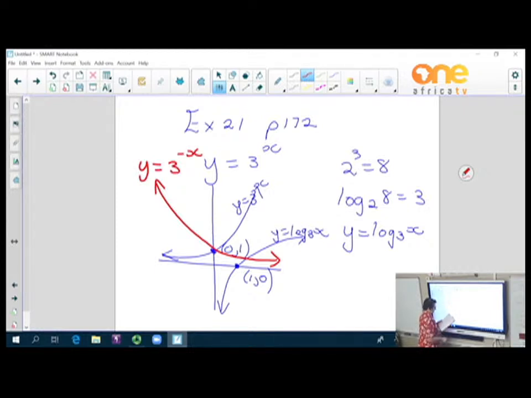And if we draw the reflection of the log graph in the x-axis, then this one will look like this. Can you see? That will be the reflection in that axis. And this one is then y is equal to negative log base 3 of x. That's the reflection in the x-axis.